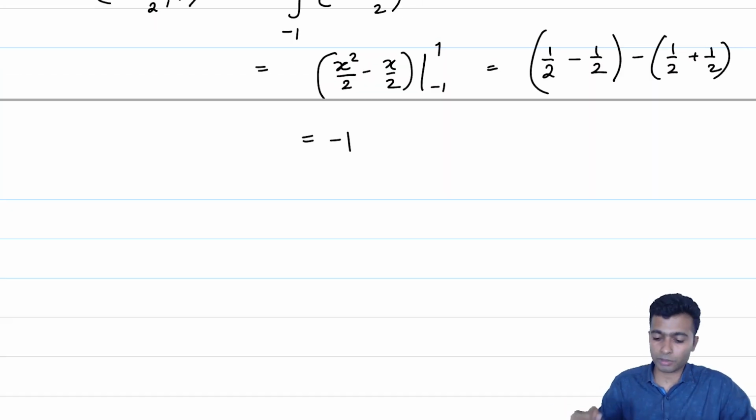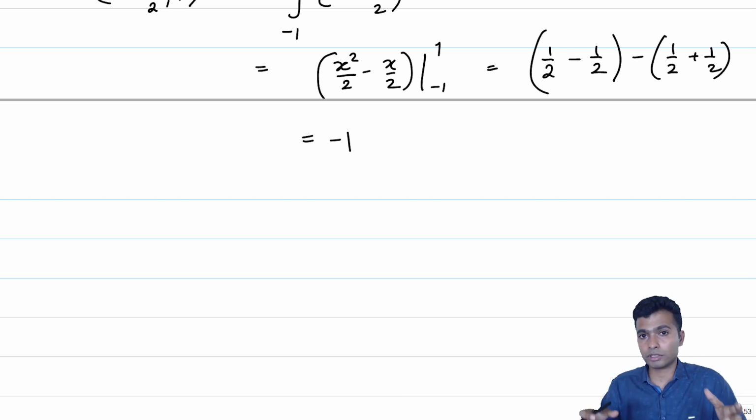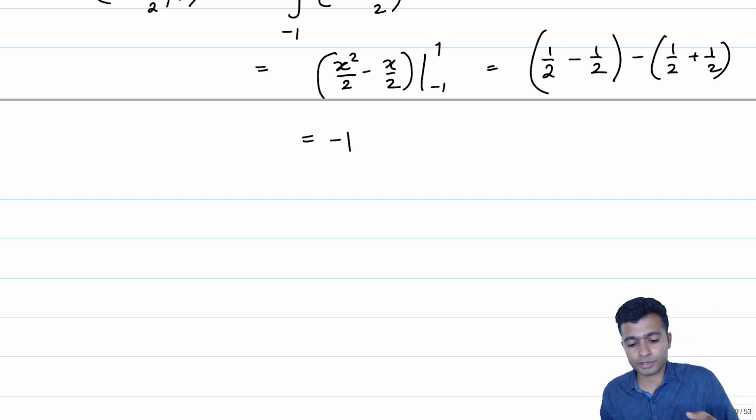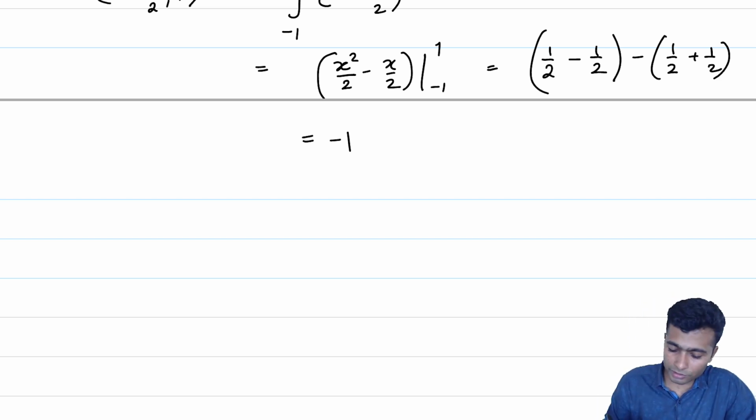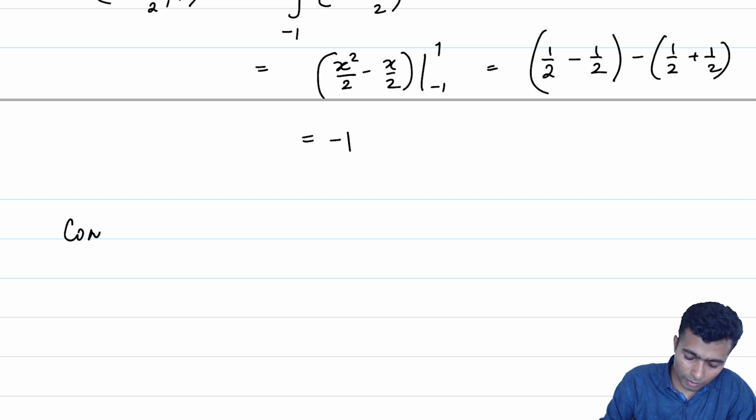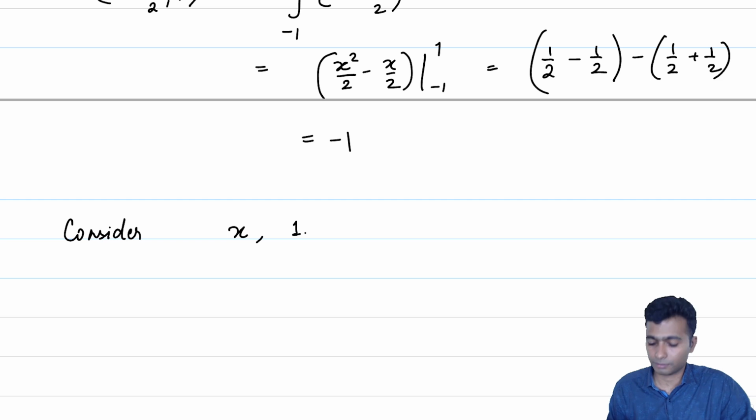Let's look at one more example to show the other way. Let's consider two polynomials which are orthogonal with respect to the second inner product, but not with respect to the first one. So consider just the polynomials x and 1.